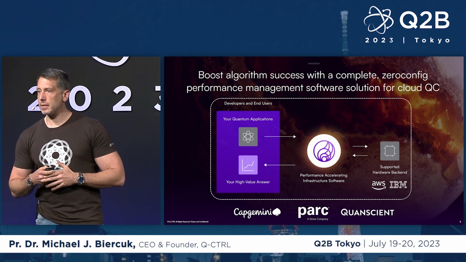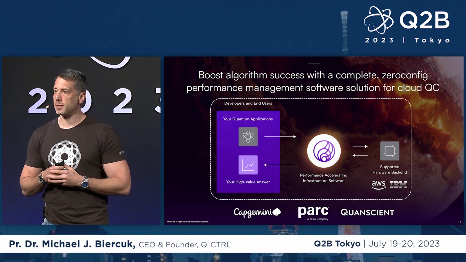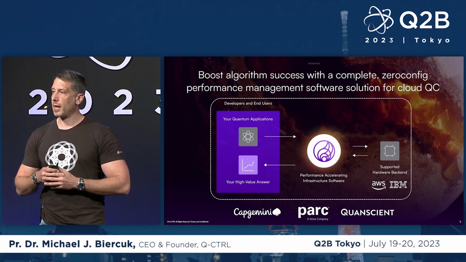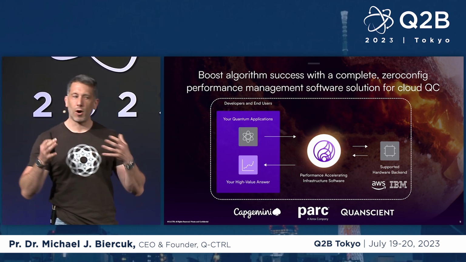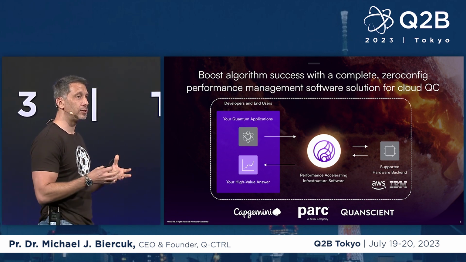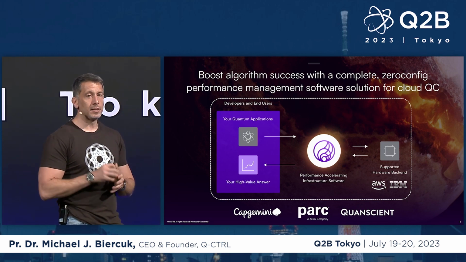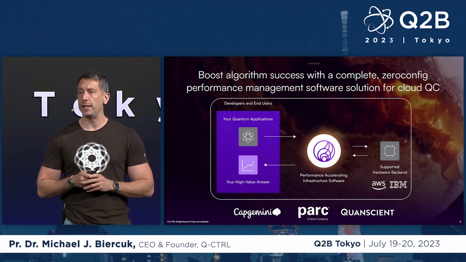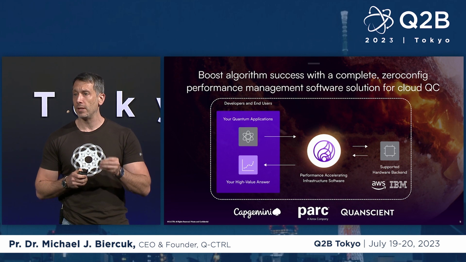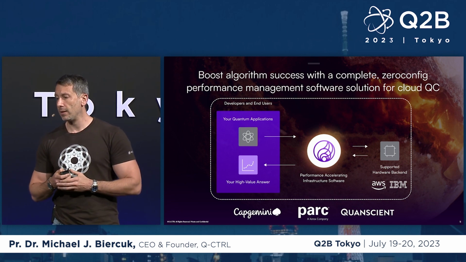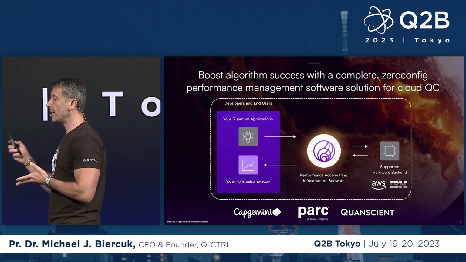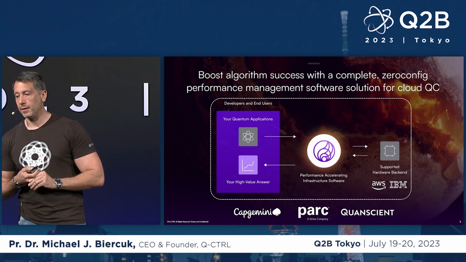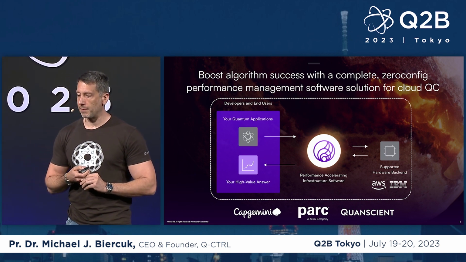Opal is a zero-config performance management solution. It is complete, and it automates all aspects of reducing error in quantum computers such that you as an end user only need to focus on your algorithms and then the answers that matter to you. Everything else is abstracted away through our performance accelerating infrastructure software.